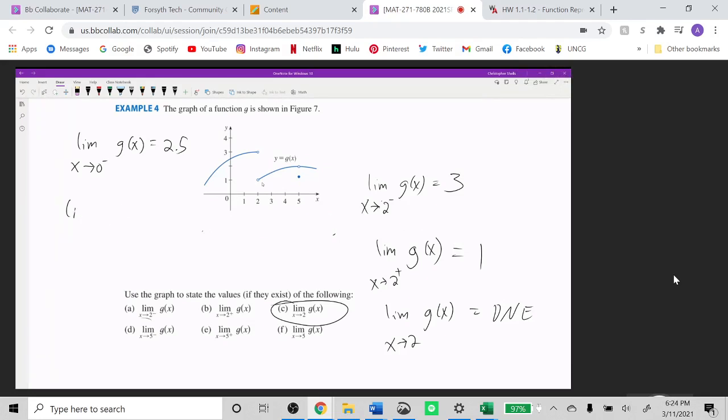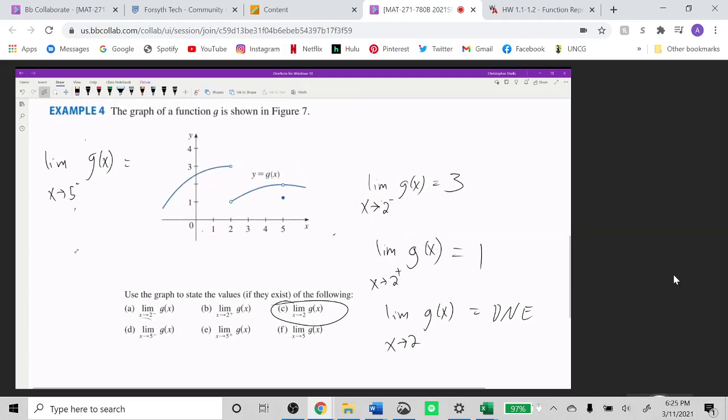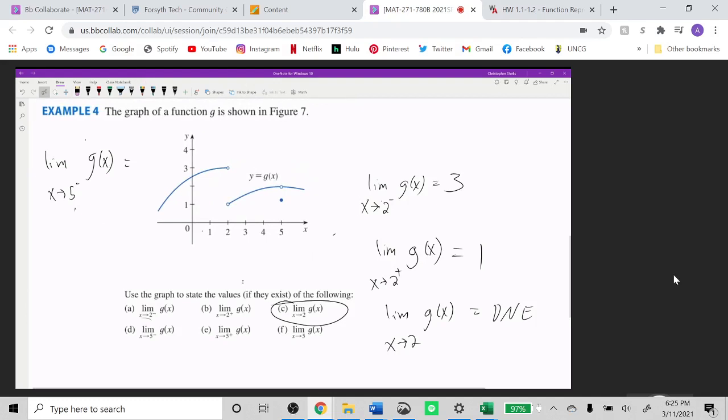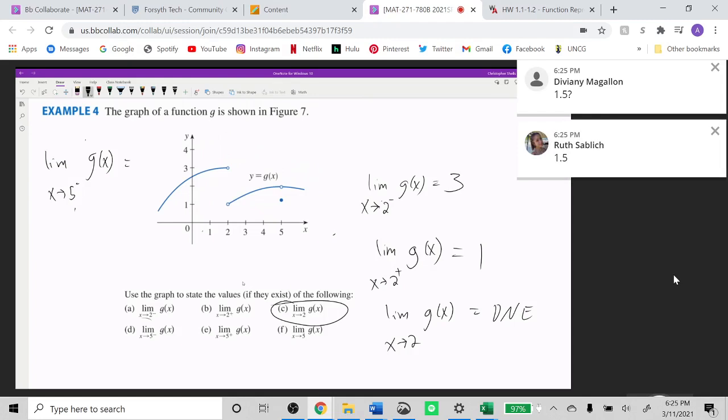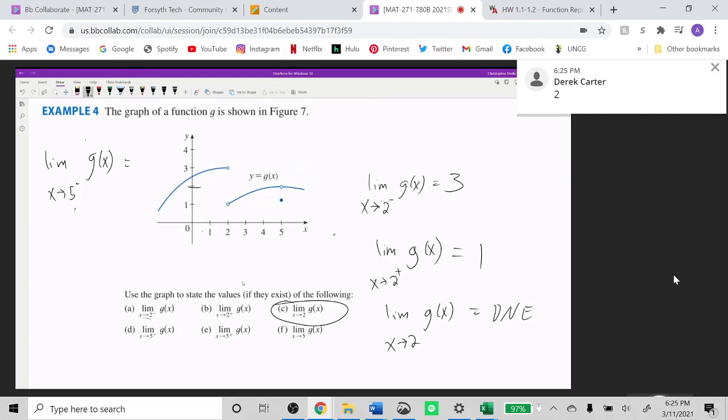So let me erase these, and let's look at D. The limit of g of x as x approaches 5 from the left. What is this? Maybe I'll make this a little larger. What's the limit of g of x as x approaches 5 from the left? Each of these things is 1.